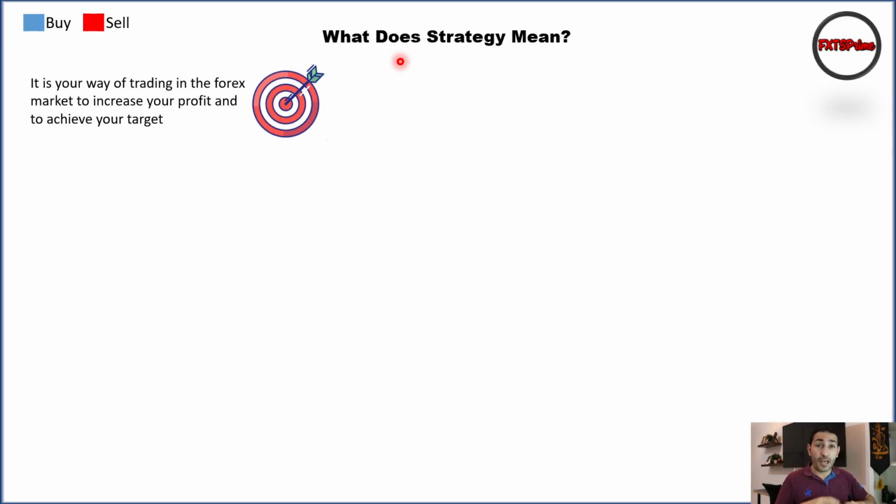To understand our training fully, we need to understand what strategy means. Strategy is your way of trading in the forex market, and that trading is for the purpose of increasing your profit or achieving your goals, your target. So all of us are trading to gain profit, to achieve our target, to grow our capital and improve our wealth.